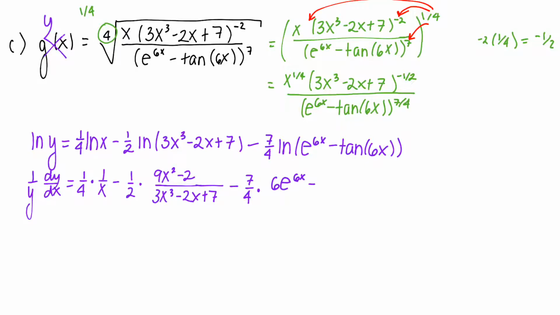The derivative of tangent of 6x, the derivative of the inside is 6, so I'll put that outside, and then secant squared 6x. Sorry, my brain just had a moment. All over e to the 6x minus tangent of 6x.